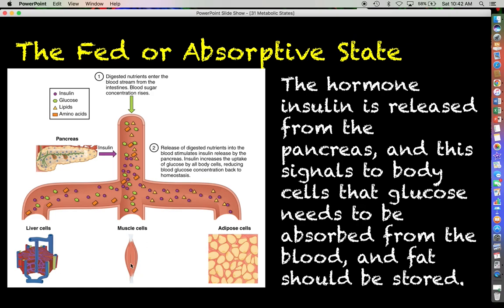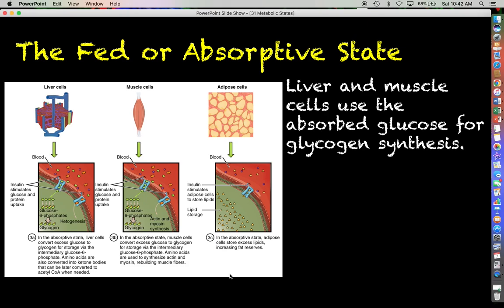In the liver and skeletal muscle, that glucose will be anabolized into the much larger glycogen, which can be saved for later. And in adipose tissue, several complex metabolic processes, including gluconeogenesis, which we've talked about before, can help to transform that glucose into fatty acids, which can then be stored up as fat in these adipose cells.